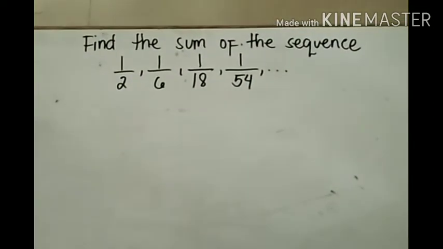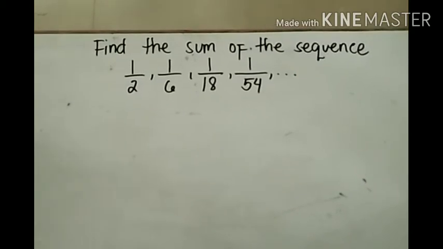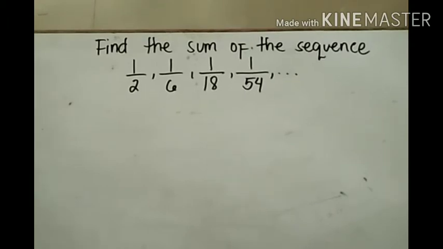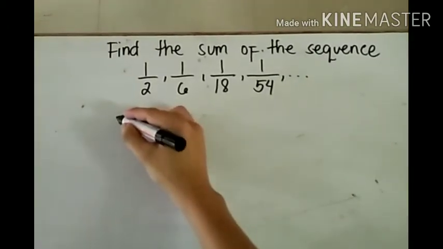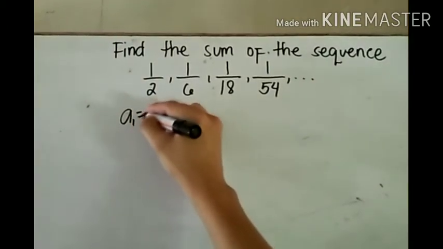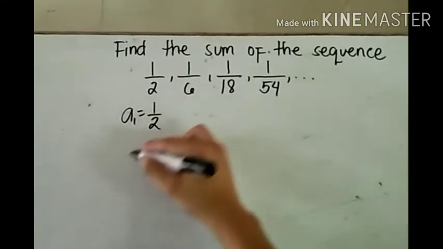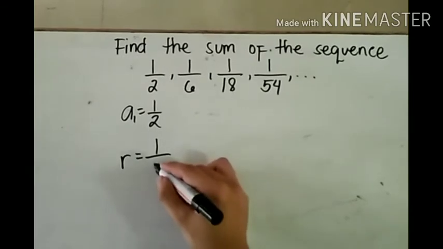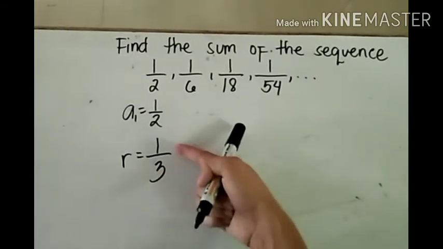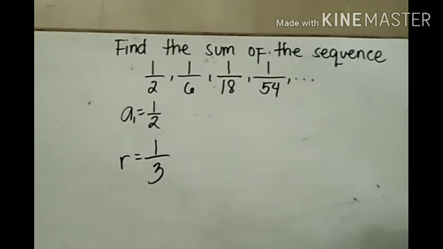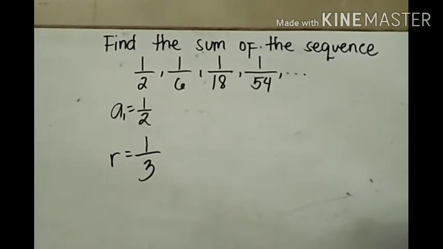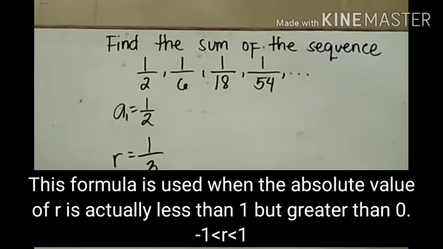So, what if we're going to find the sum of the sequence 1/2, 1/6, 1/18, 1/54, and so on? So, first step is we identify our A sub 1, 1/2, our ratio, or common ratio, which is 1/3. So, kung mapapansin natin, yung ratio natin ay 1/3, that is less than 1. So, ang gagamitin natin ay yung infinite geometric series.